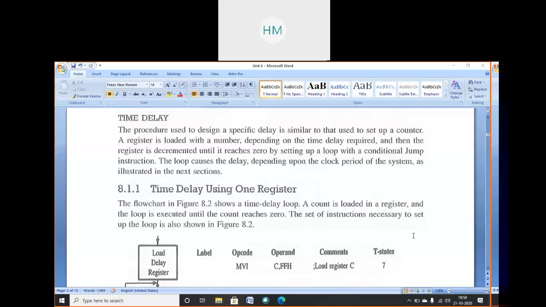Have you all forgotten? Nobody remembers. क्या होती है क्लॉक फ्रीक्वेंसी? 2 मेगाहर्ट्ज या 4 megahertz? What is the clock frequency?